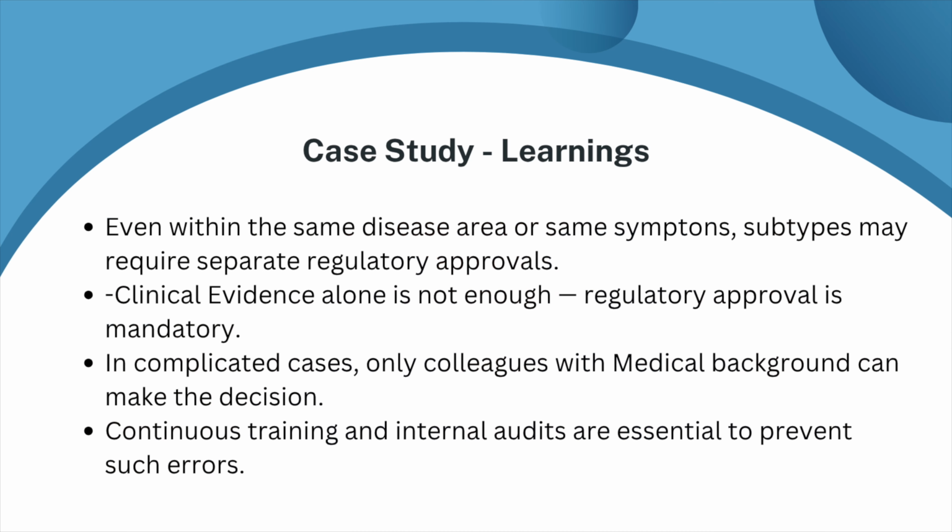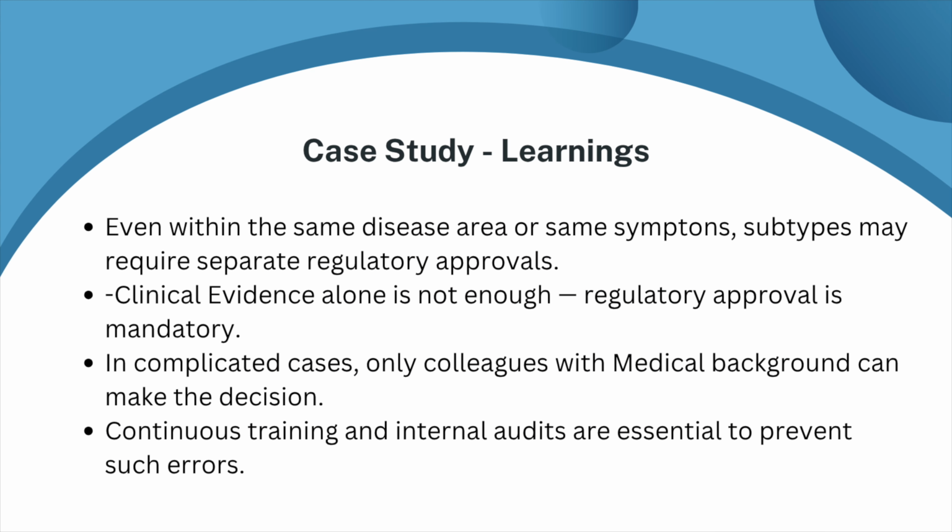We can spot 4 important learning points from this example. 1, even within the same disease area or the same symptoms, subtypes require different regulatory approvals in many cases. 2, clinical evidence alone is not enough. Regulatory approval is mandatory.